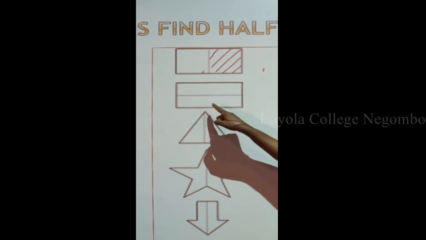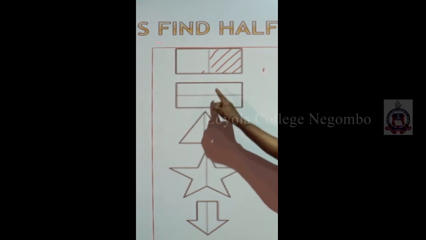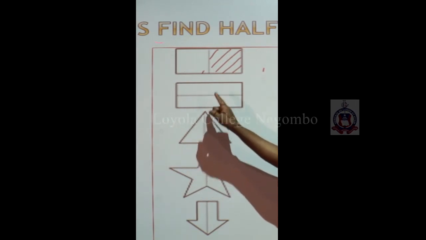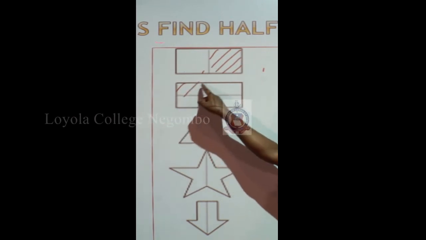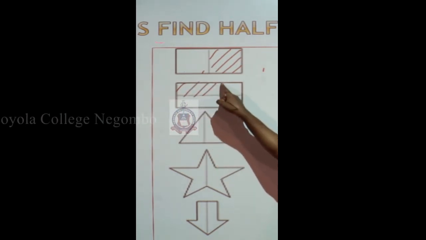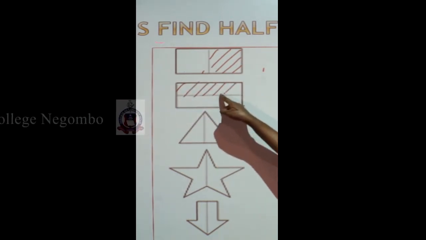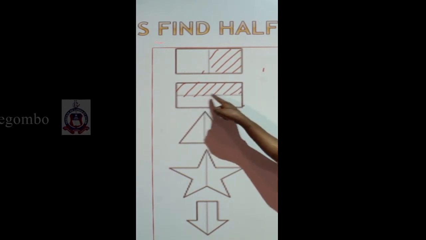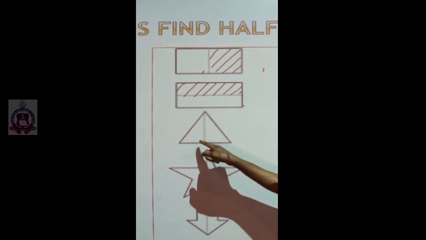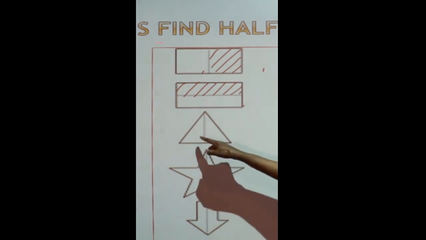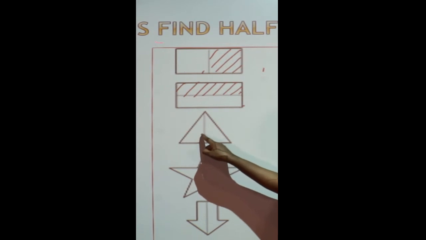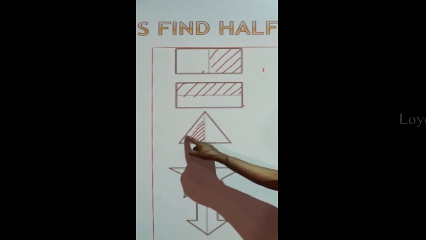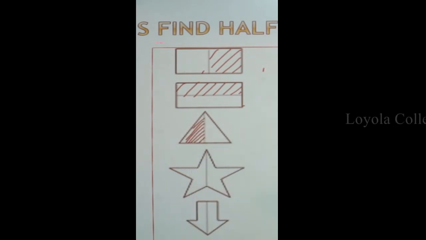And here again a rectangle divided into 2 parts. I will show you how to color 1/2. This is 1/2. And again the rectangle. How to color 1/2? Here we start. Here's 1/2.